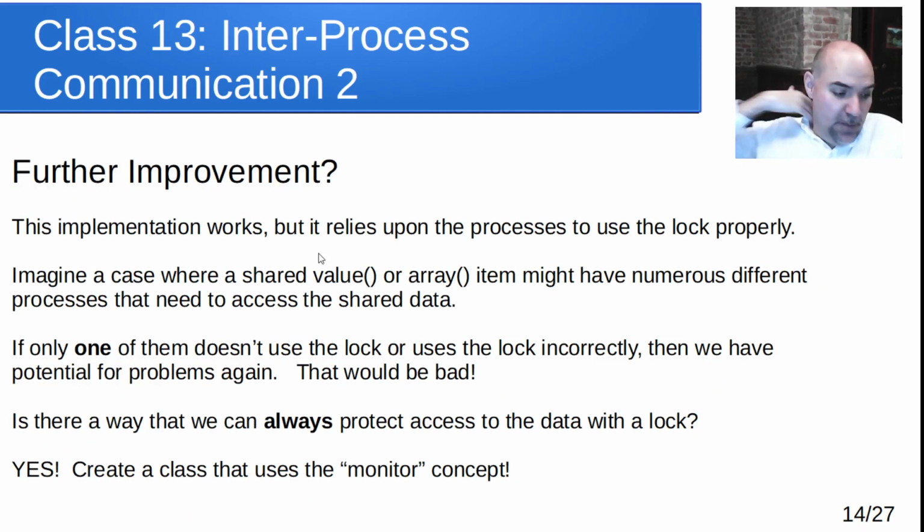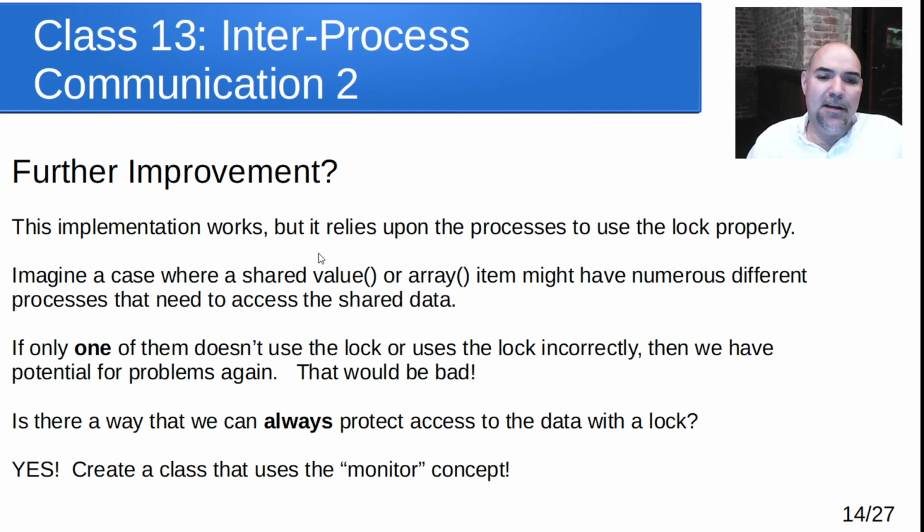Okay, further improvements to this. Well, that implementation works. It does rely on the processes, however, to use the lock properly. In other words, we have this shared variable. We're relying on the processes to know that they need to lock while they're accessing that thing. There might be different processes that need to access some shared data, and they might not know to lock.